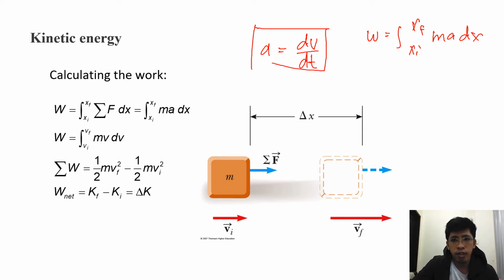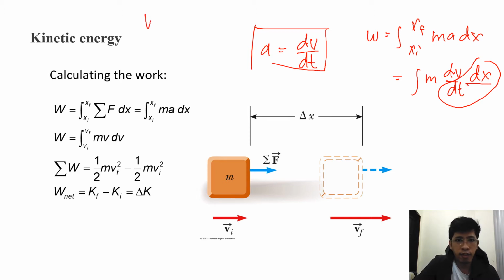So we have m dv over dt dx. But dx over dt is just equal to your velocity, since velocity is the rate of change of your displacement x.